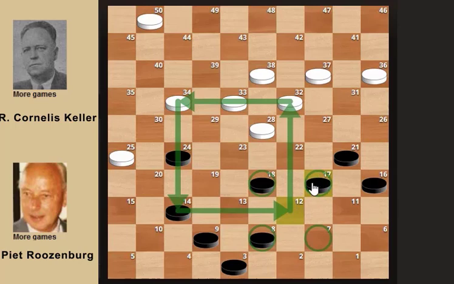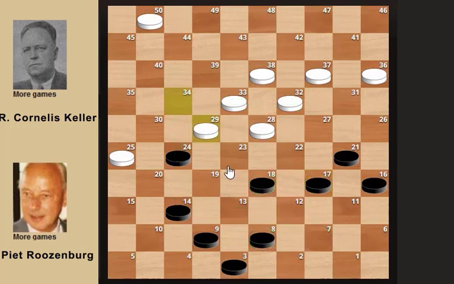And we know that the piece at 17 has control over 22 and 12, and at the same time 21 and then 11. So we move to 17. And then Keller moved his piece from 34 to 19 to take the piece at 24.